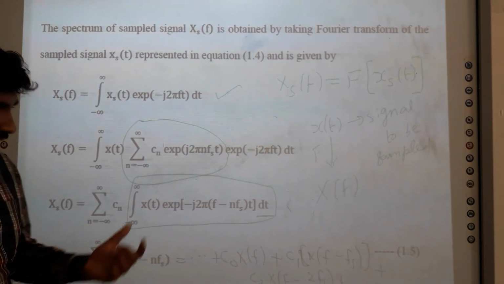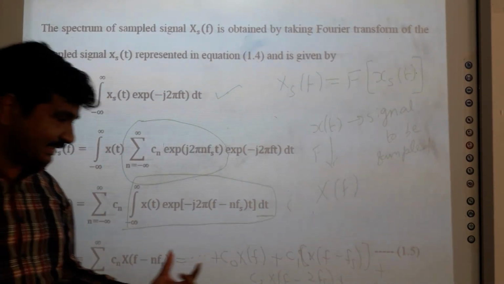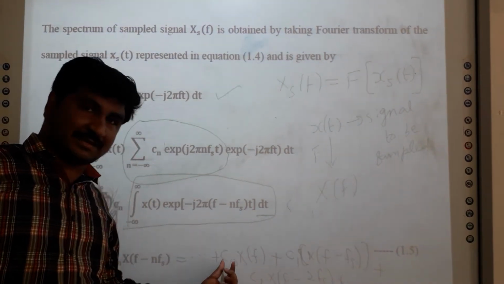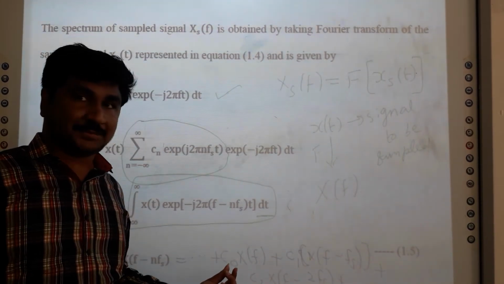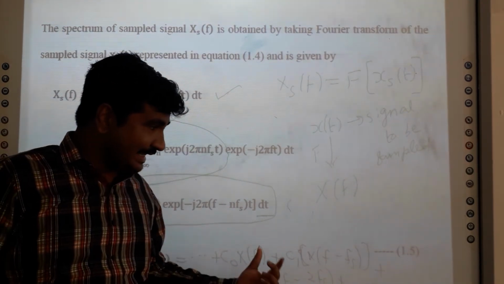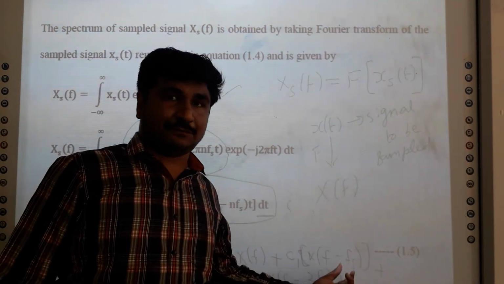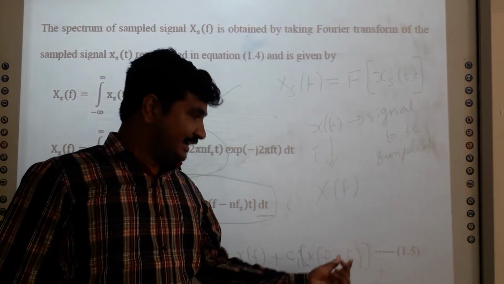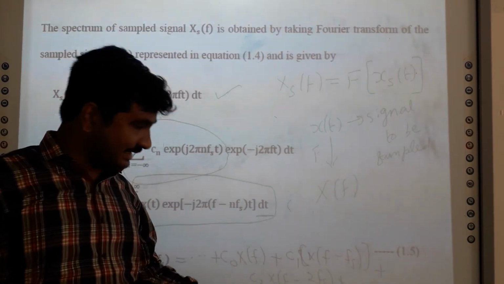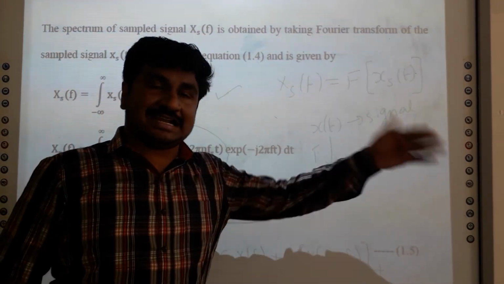So from this, what we can understand is the spectrum x of f is weighted by some coefficient C naught, and the same x of f is replicated over a frequency interval of Fs. So x of f is replicated at Fs, 2Fs, 3Fs, and it will go on.